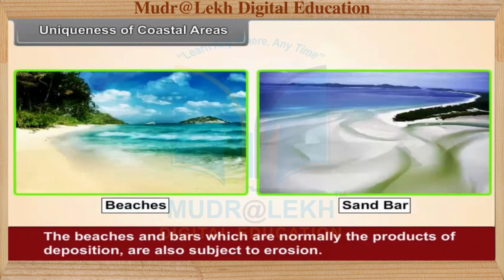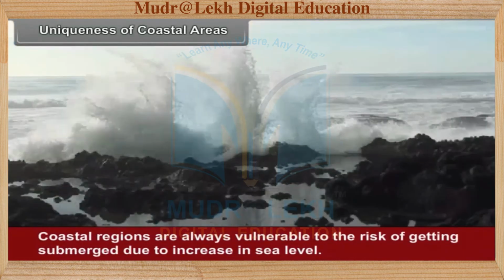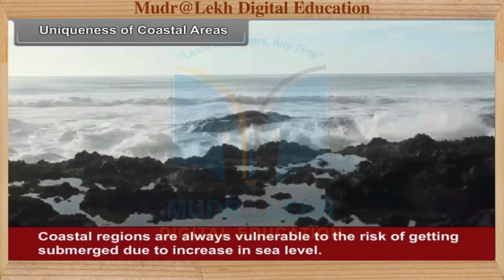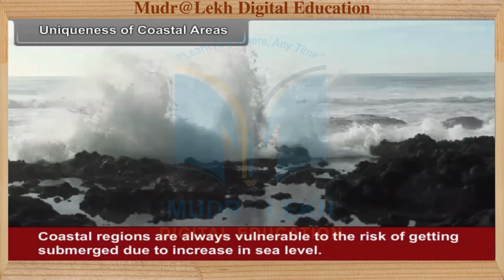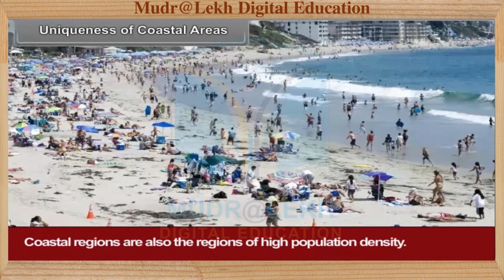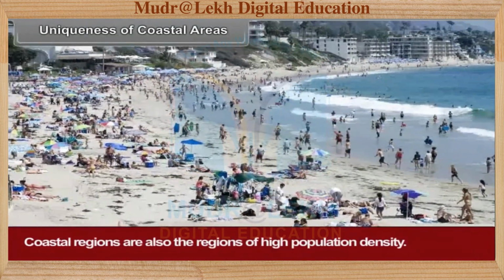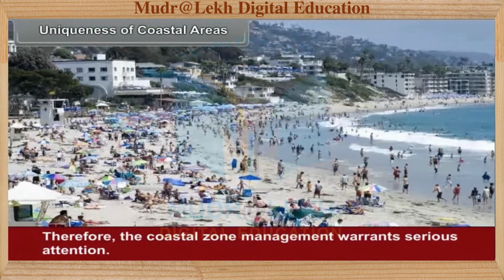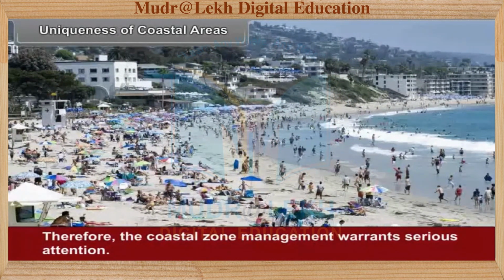The beaches and bars, which are normally the products of deposition, are also subject to erosion. Coastal regions are always vulnerable to the risk of getting submerged due to increase in sea level. Coastal regions are also the regions of high population density. Therefore, the coastal zone management warrants serious attention.